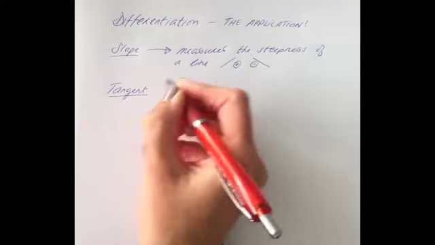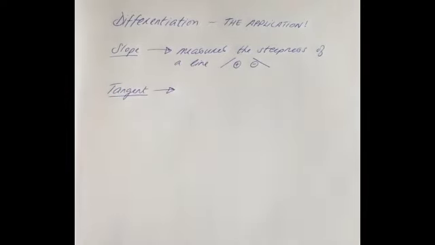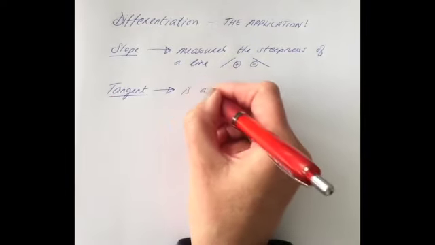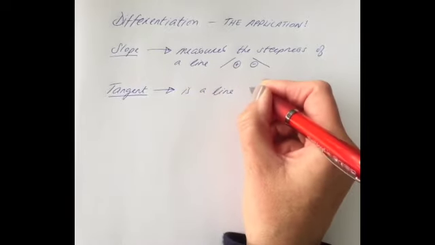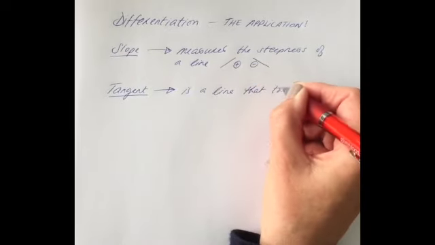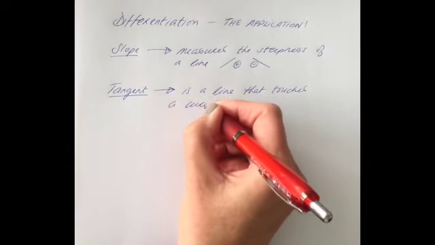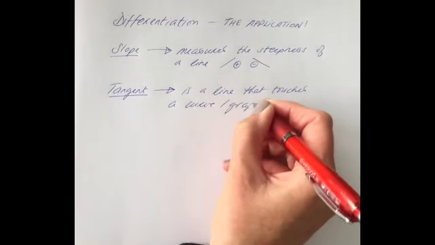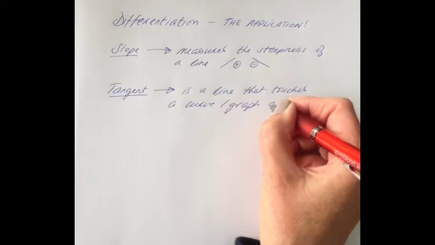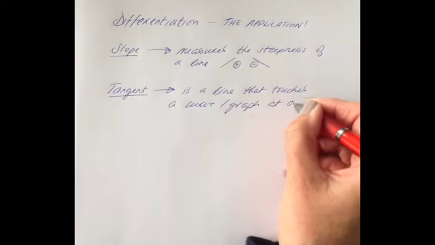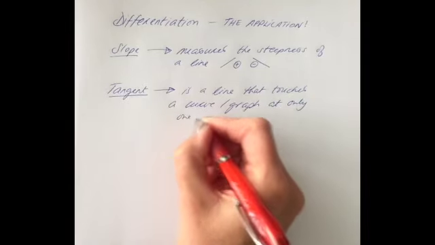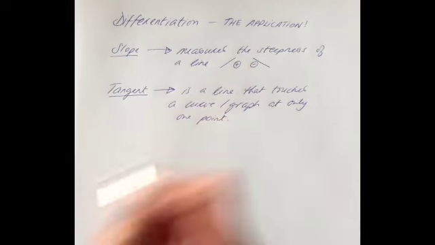A tangent, okay? Now, a tangent is a line that touches a curve or graph at only one point.